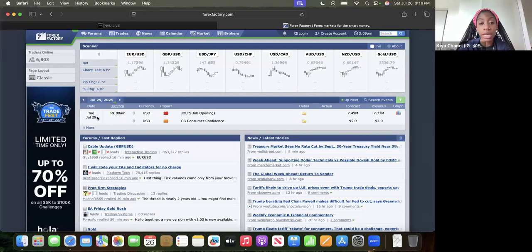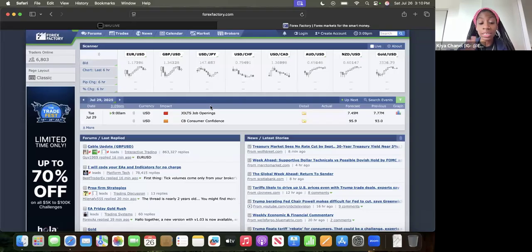So, okay, Tuesday, July the 29th at 9 a.m., we have a red folder and an orange folder for USD news. Now, to be transparent with you guys, I don't trade red folder or orange folder news for the US dollar. It makes the market move very, very wonky.